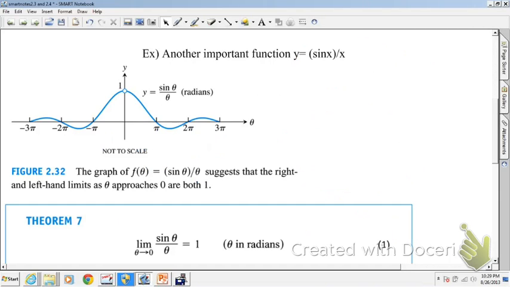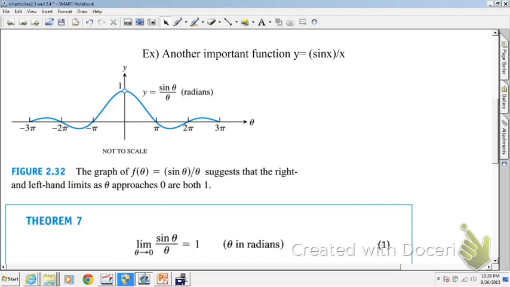In this next example, I wanted to take a look at theorem 7. We're not going to prove it; the proof is in the text. We're really just going to use it to facilitate finding various limits. But let's just take a look at it graphically for now. y equals sine x over x.